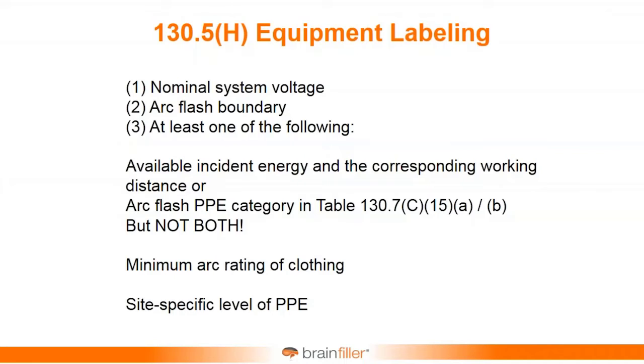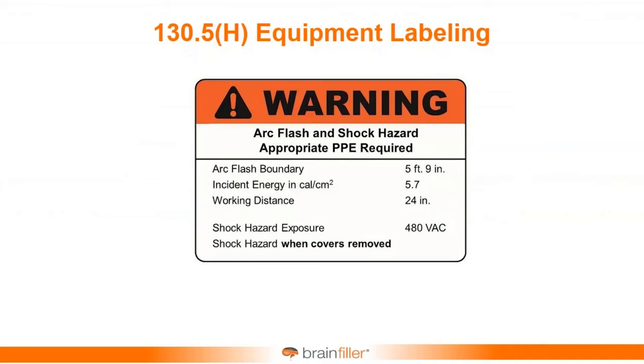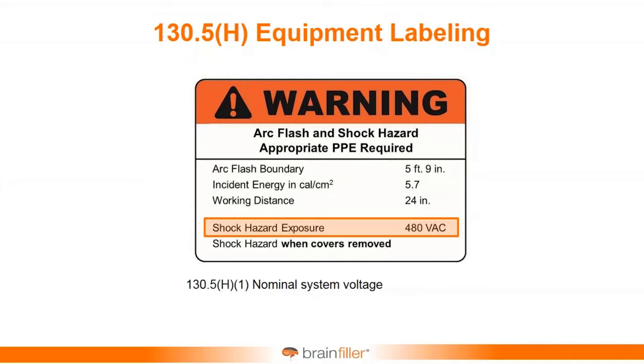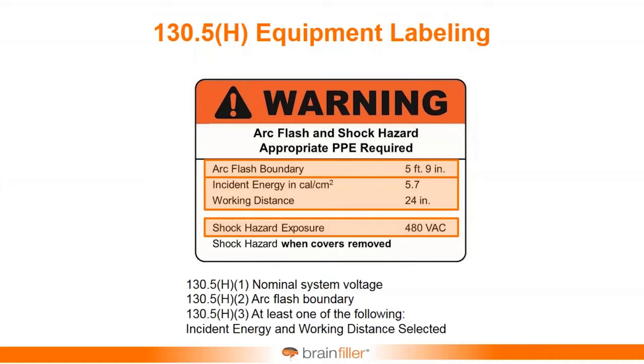So the most simplified label based on data here, I guess I should say one of the most simplified because I have a more simplistic method I'll show you here at the end, is you just list the nominal system voltage, that's required. And you list the arc flash boundary, that's required. And then one of the methods for identifying the PPE to wear, you could list the calculated incident energy, keeping in mind you have to have the associated working distance with this.